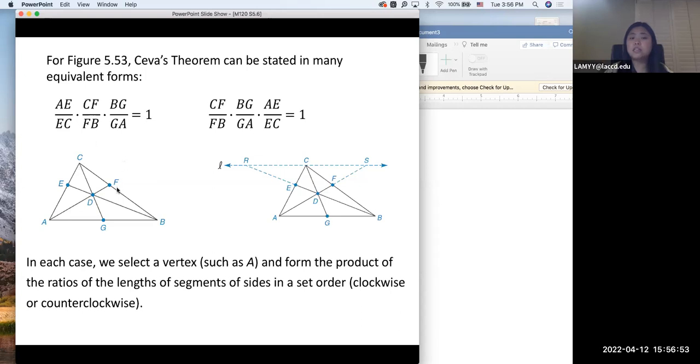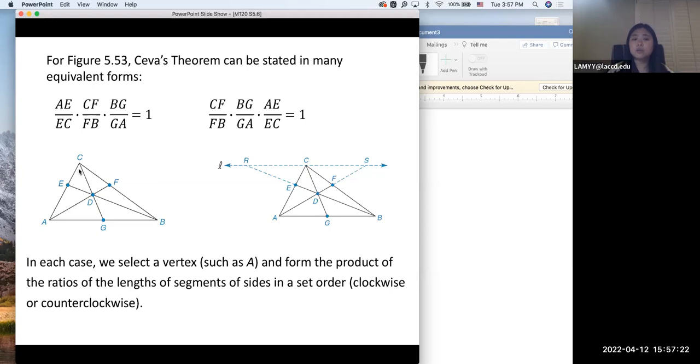And they say in each case we select a vertex. Just like here, we could select the vertex A, and the form of the product is going to be a set of ratios in order, clockwise or counterclockwise. Like here, AE over EC. Okay, we're doing the clockwise. AE over EC times CF over FB times BG over GA. So you could see that's going to be the clockwise.